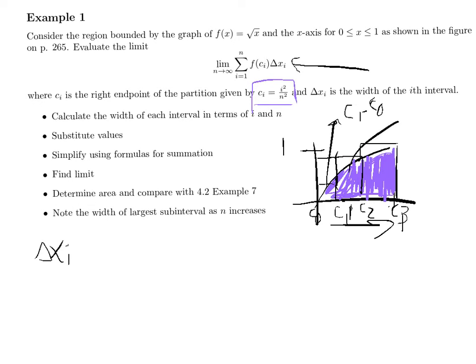For the second one, it would be c2 minus c1, and so on. For each rectangle, it's its right endpoint minus the previous right endpoint.